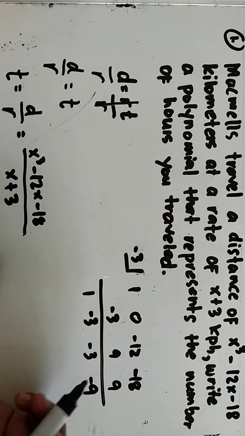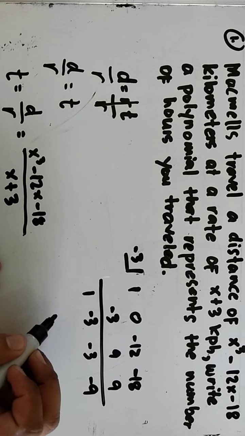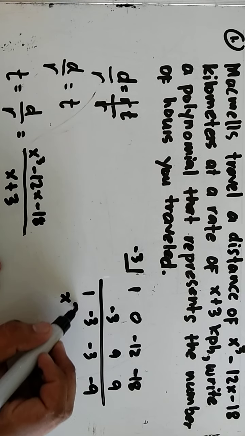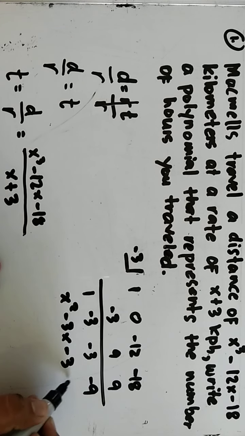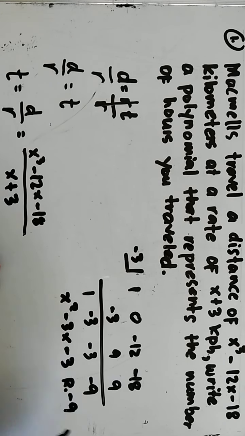So, ibig sabihin, ang sagot natin ay x raised to 2 minus 3x minus 3, remainder negative 9. Ibig sabihin, ito yung magiging time niya.